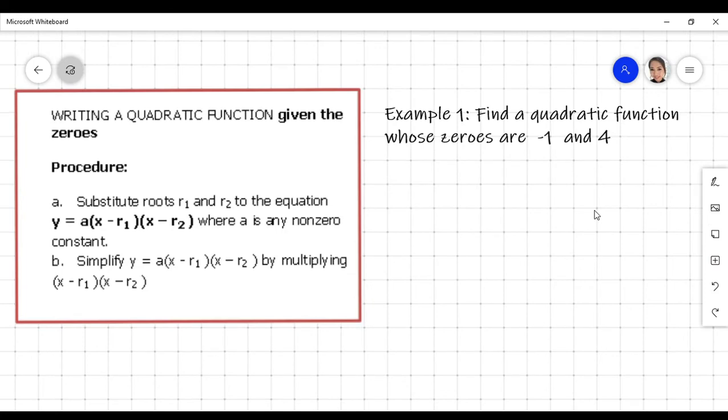Okay, how about writing a quadratic function given the zeros? So as a review, zeros are the abscissas of our x-intercepts of the parabola, or these are the x-coordinates of the x-intercepts in the quadratic function.